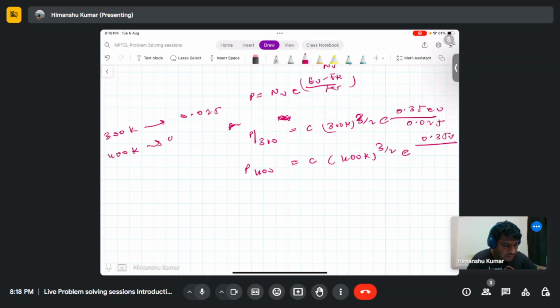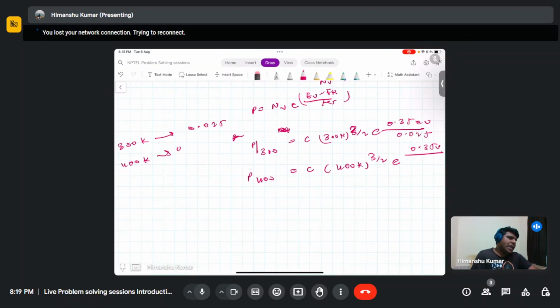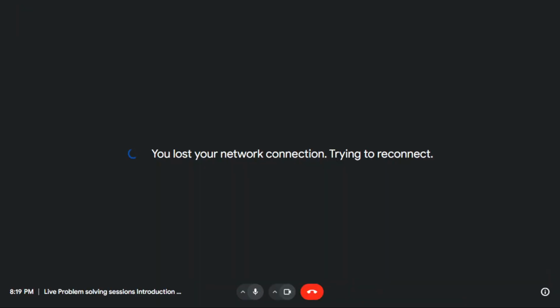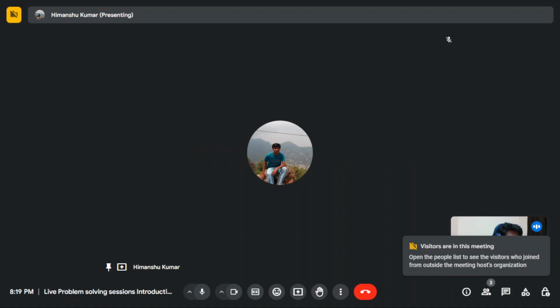This at 300 is given, we calculated. So if we take the ratio, then we can calculate that p at 400 will be equal to 400 divided by 300 to the power 3 by 2 multiplied by 10 power 19, this constant term being Nv at 300, and then exponential of minus 0.35 divided by 0.026 multiplied by 400 divided by 300.